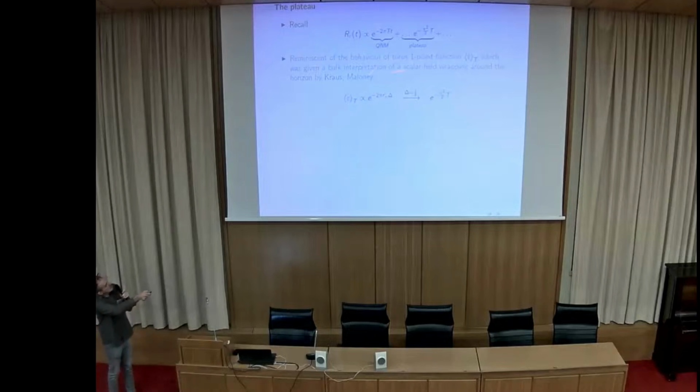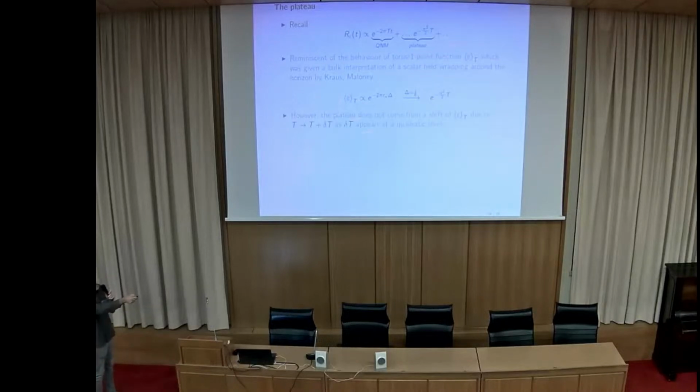The magnitude of this wrapping of a scalar field around the horizon was e^(-2 pi r_+ Delta), where r_+ is the horizon radius, and Delta here is the dimension of the field in the loop. So it's not epsilon, but in fact sigma, which has dimension 1/8. And if one plugs in Delta equal to 1/8, one exactly gets pi squared over 2 times T.